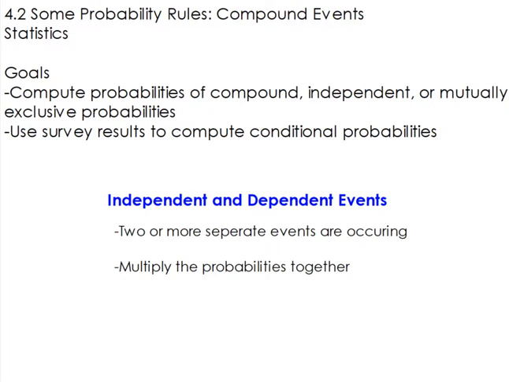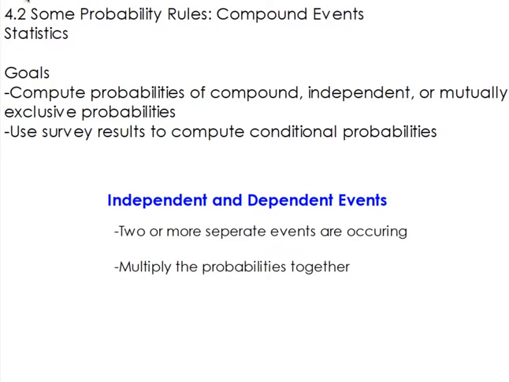If they're independent, you've got two outcomes that are separate from each other that can occur, and one probability doesn't affect the other. Dependent is when you have two or more outcomes of an event that occur, but now the outcome of one affected the outcome of the other. Either way, you're going to end up multiplying these two or three different probabilities together.